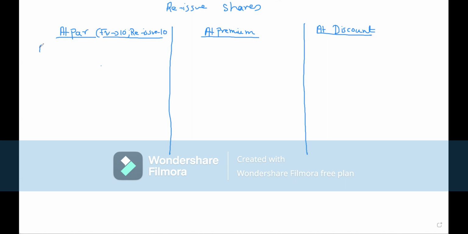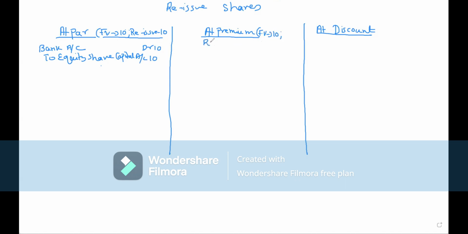So in this case, the journal entry becomes: bank account debited to equity share capital account, 10 rupees, 10 rupees.